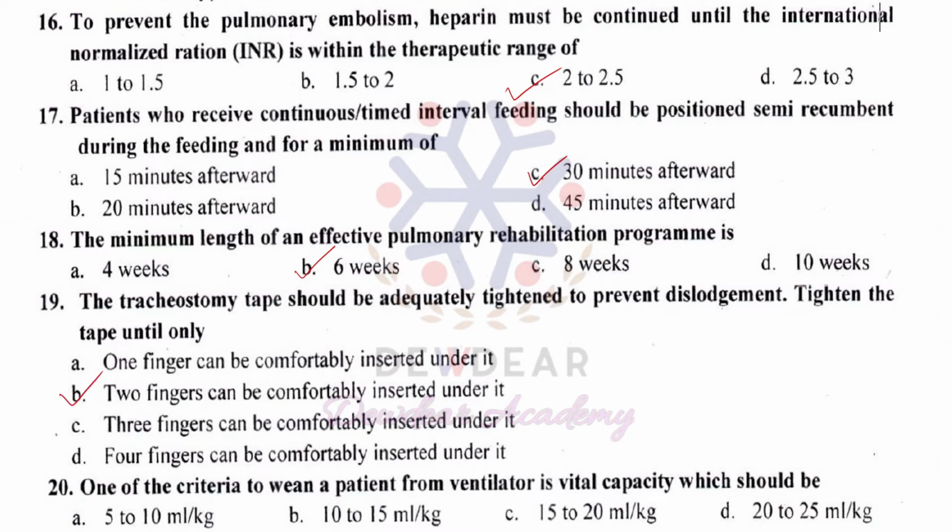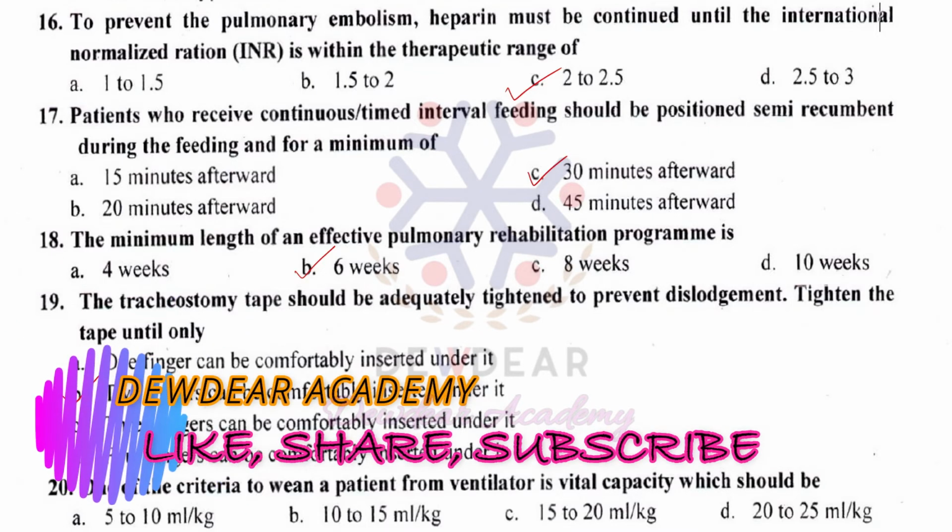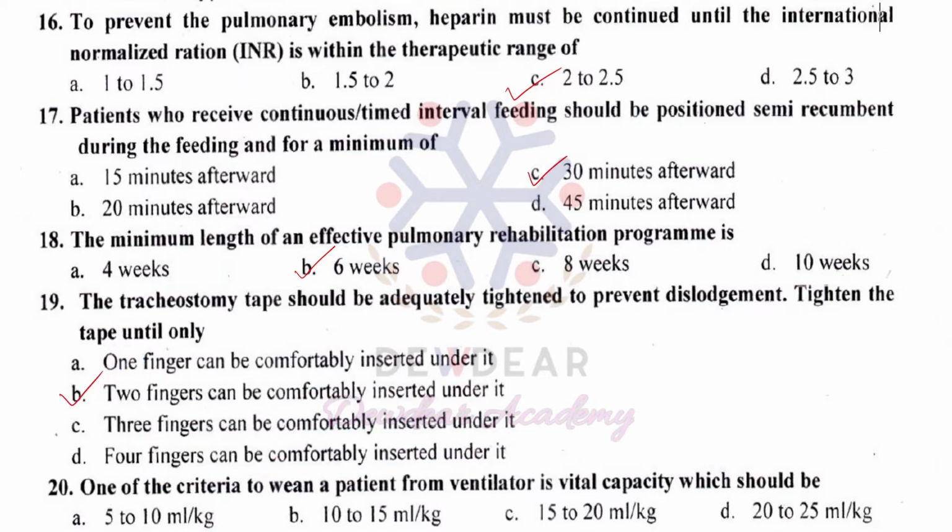Then question number 20. One of the criteria to wean a patient from ventilator is vital capacity, which should be. Options are 5 to 10 ml per kg, 10 to 15 ml per kg, 15 to 20 ml per kg, 20 to 25 ml per kg. What should be the range of the vital capacity in order to wean a patient from ventilator?